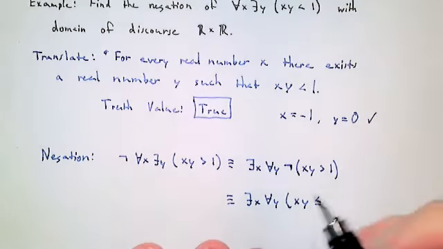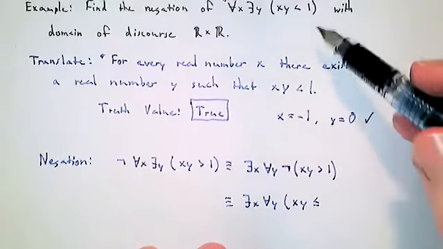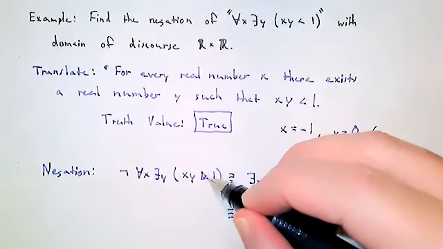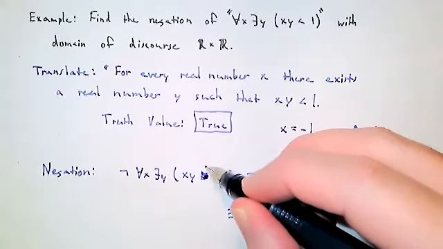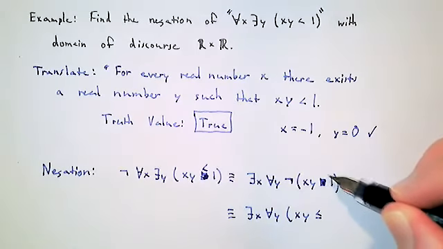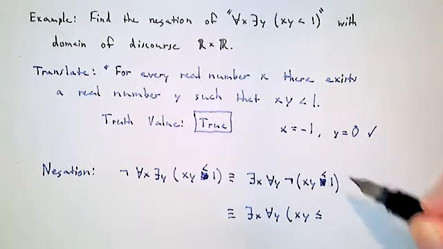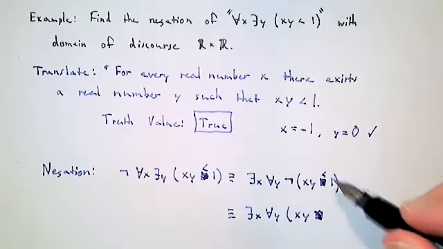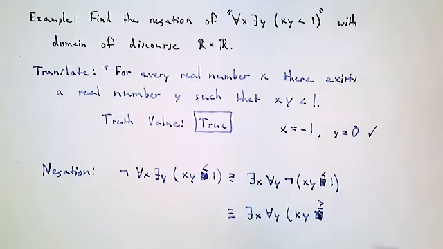Oh, excuse me. I did make a mistake here. We started with a less than. I copied down the wrong one. But we do the same thing. We would switch the direction. So less than becomes greater than or equal to.